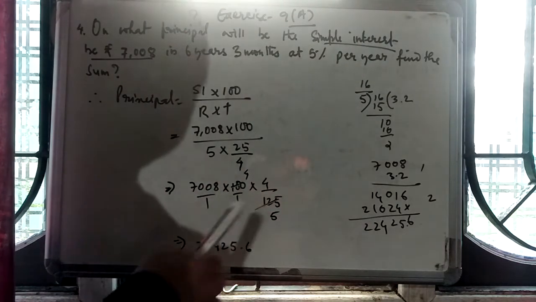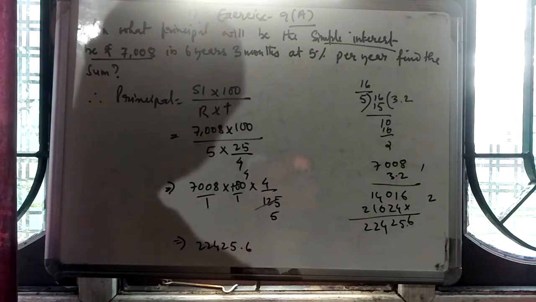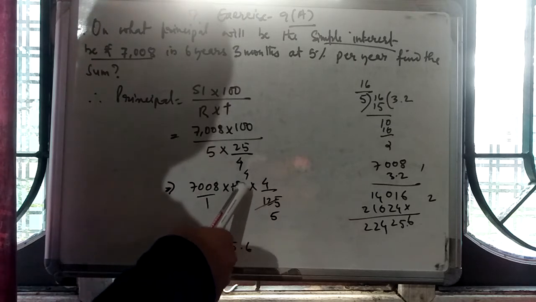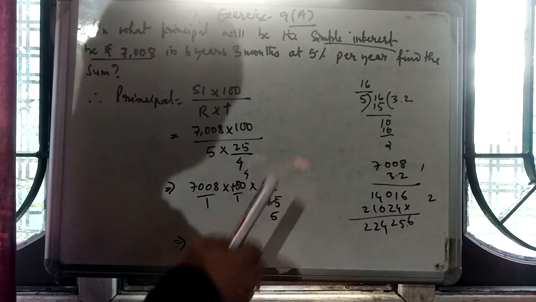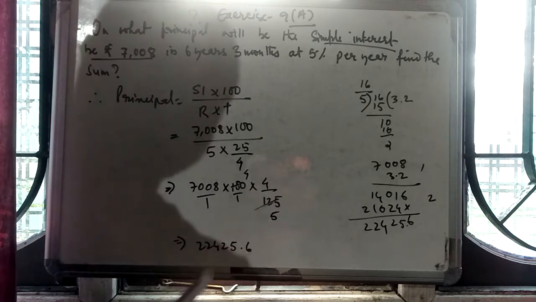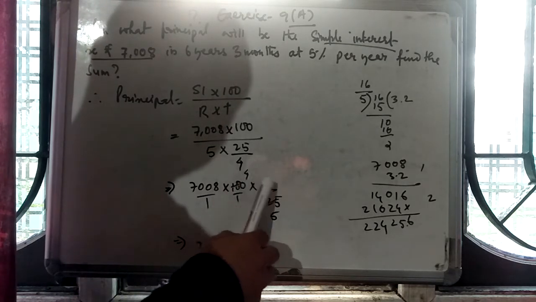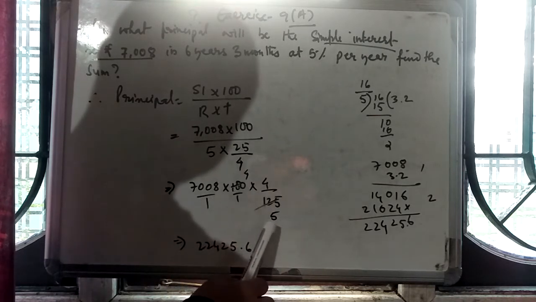So we can cancel the numbers. 25 4s are 100, 25 5s are 125. So we got 4 into 4, that's 16 by 5.